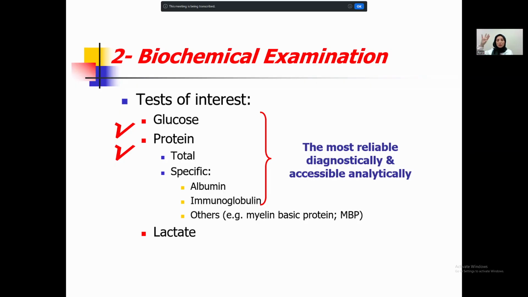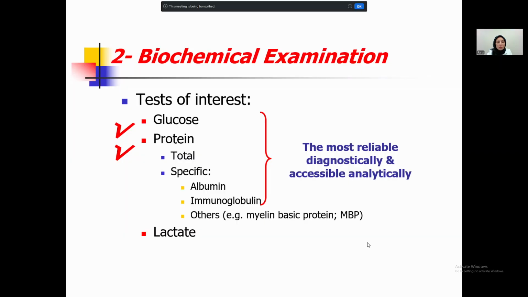In cytology they count the cells and differentiate between types, like lymphocytes. So we need 3-4 labs: hematology, cytology, microbiology for culture, and chemistry for glucose and protein.